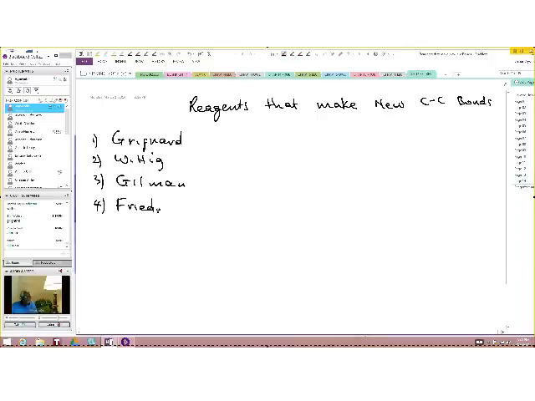Friedel-Crafts acylation. We just did that. Friedel-Crafts acylation, Friedel-Crafts alkylation.